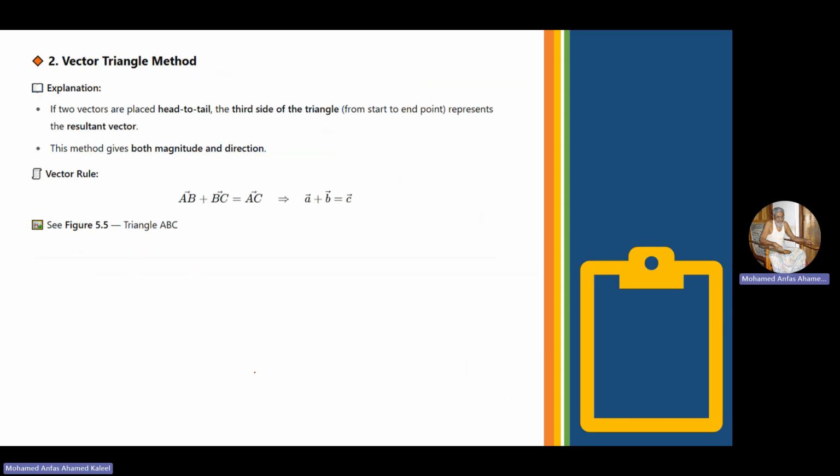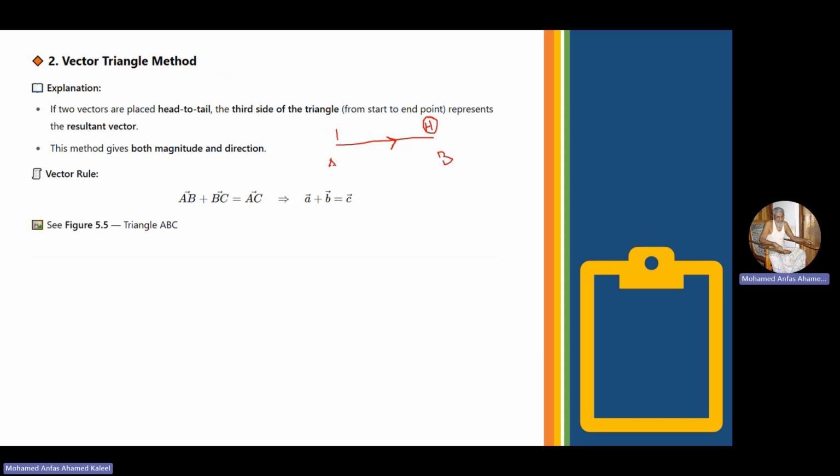Vector triangle method. If two vectors are placed head to tail, what do we mean by head to tail? Let's say a vector AB. Since the arrowhead is on this side, this is called the head of the vector.